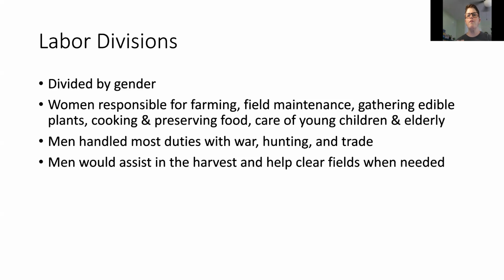In Europe, farming is a male occupation at this time. Field maintenance, field ownership, all the things to do with farming is very much a man's job to Europeans.